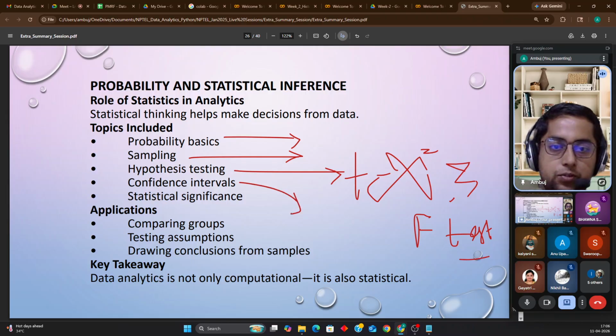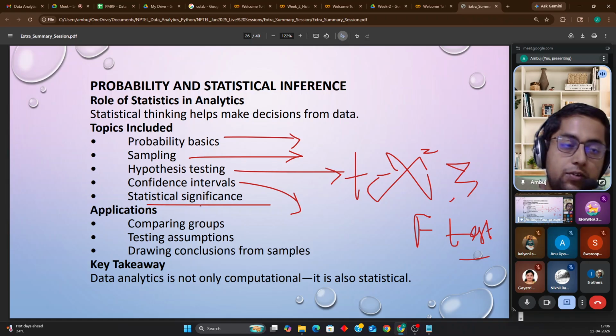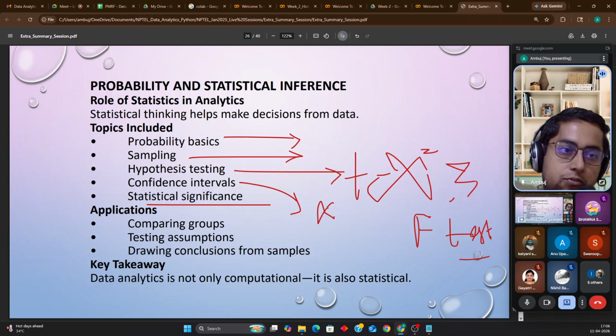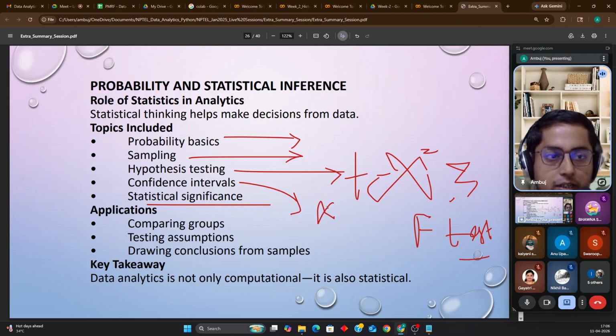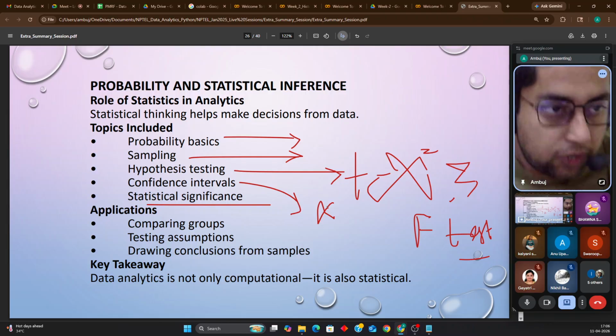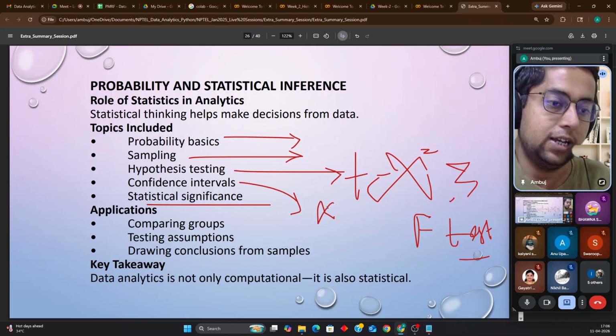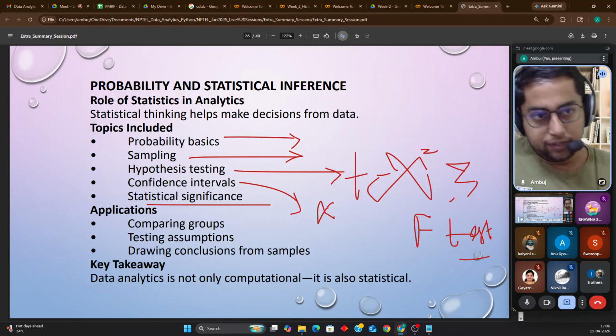Confidence intervals we have taken, then statistical inference significance we have seen. Confidence intervals means alpha values we have calculated and varied, to see for what level of significance we are able to accept or reject the null hypothesis, as well as what the variation is.